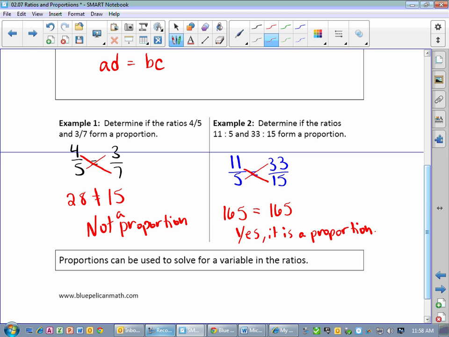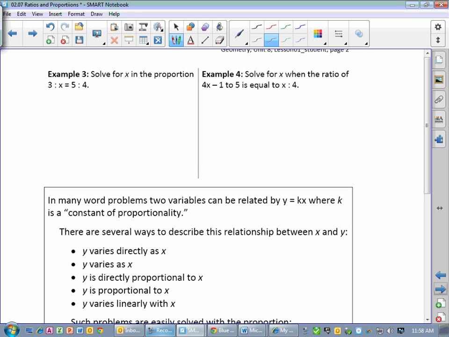So proportions can be used to solve a lot of problems involving variables and ratios. Okay. So it says solve for x in this proportion: 3 to x equals 5 to 4. So we write this as 3 over x equals 5 over 4.